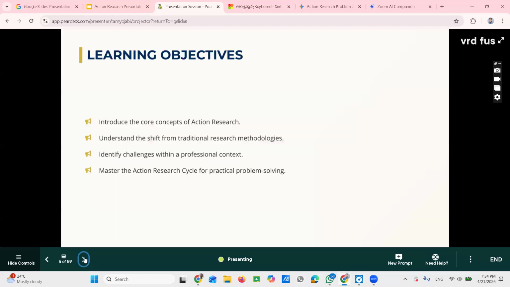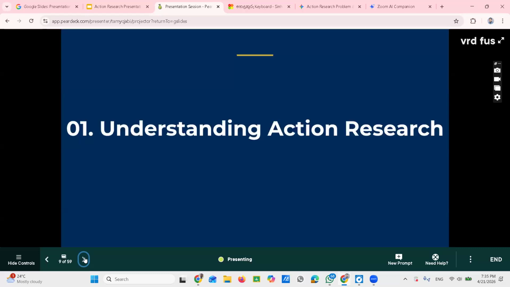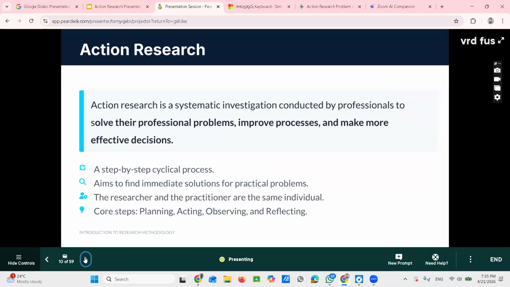Then under the learning objective, we identified the difference between normal research and action research. Then we discussed in detail what action research is. We identified it as a cyclical process having four main steps: planning, acting, observing, and reflecting. That's the thing we are focusing on today.